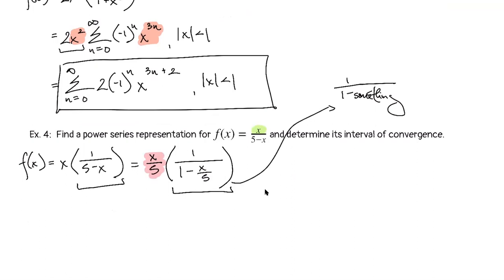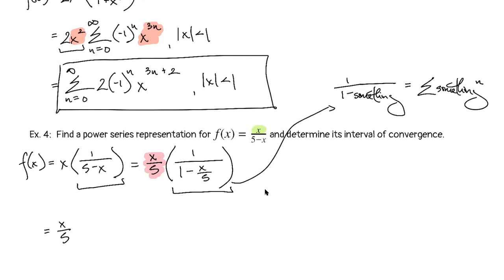So let's see what that gives us. We're going to keep the x over 5 in the front. Instead of 1 over 1 minus something, I'm going to write it as the sum of that something to the power of n.